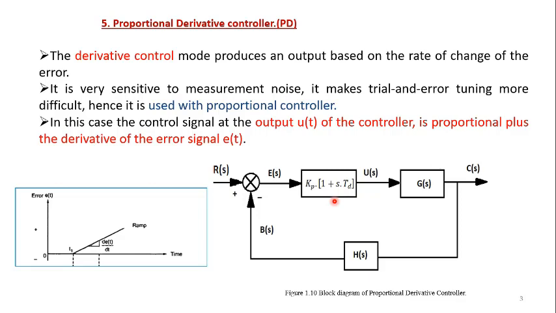This type of controller is mainly used because it can predict future errors. Derivative controllers are used to predict the future errors and compensate for them to make the control system stable before it goes unstable. So this is the block diagram of a proportional derivative type of controller.